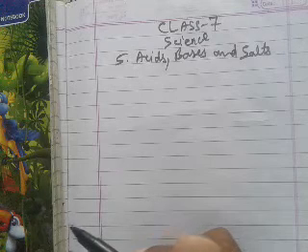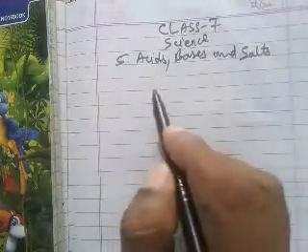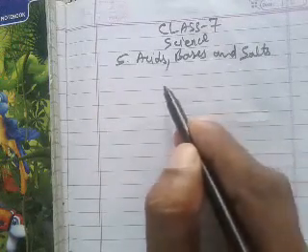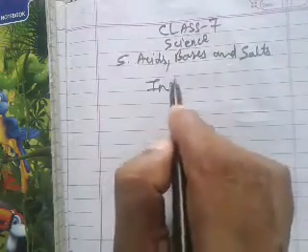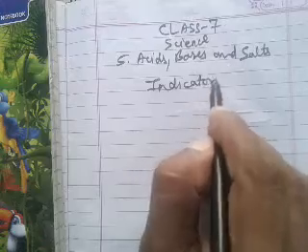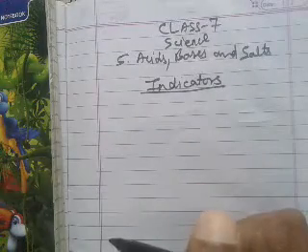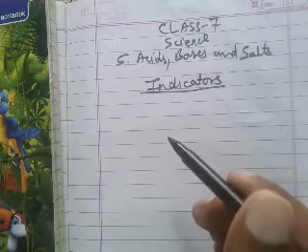In this chapter, in the last two videos, I studied the indicators. Indicators are the dyes which are used to detect whether a substance is an acid or a base.